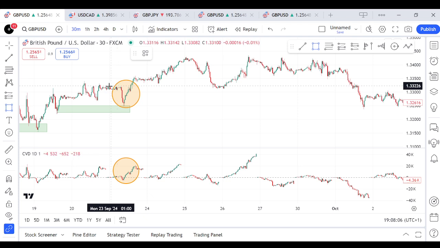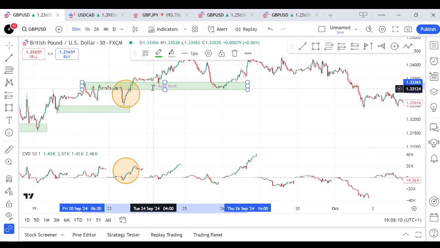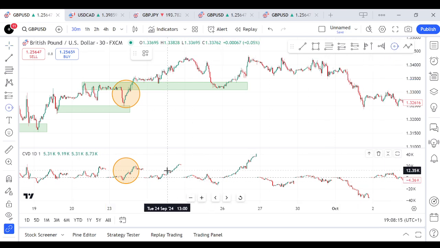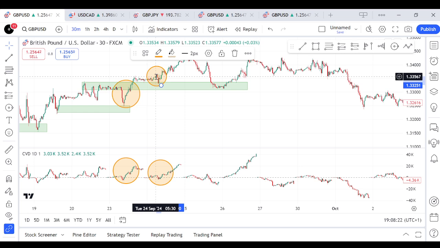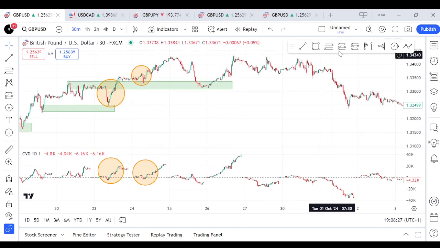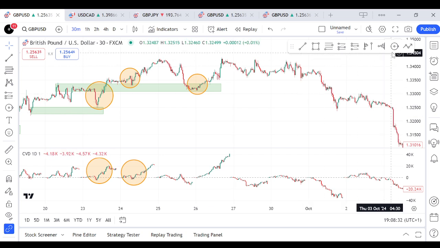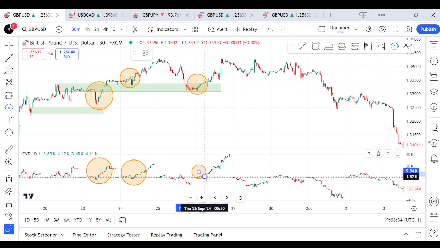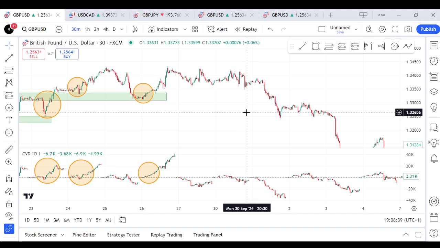You can see this was a major resistance level and turned support, and you can see it holding price here. You see the CVD confirmed that as it held price right there, and I have one more, this one right here, and you see the CVD rising as we hit this support level. So it's just about using key levels with the CVD, confirming our key levels with the CVD.